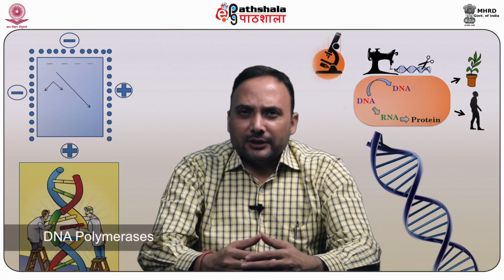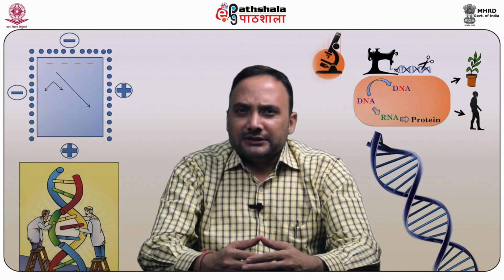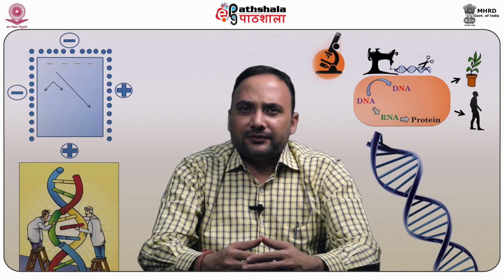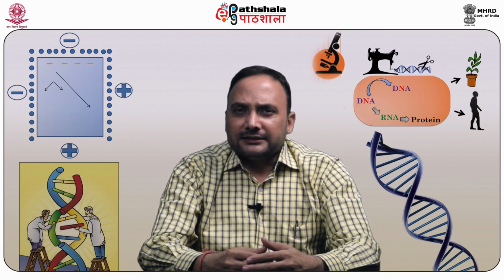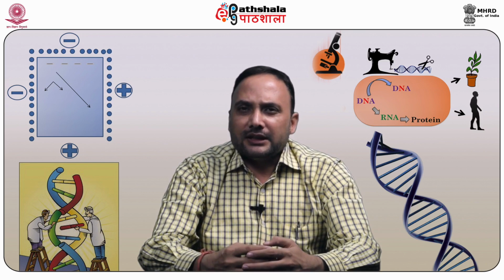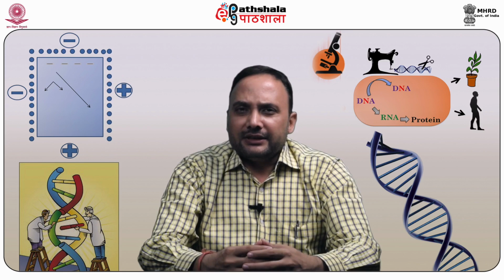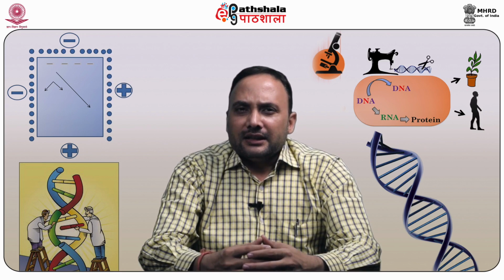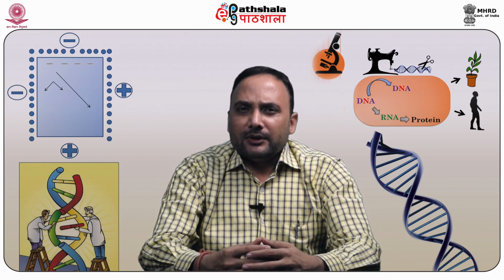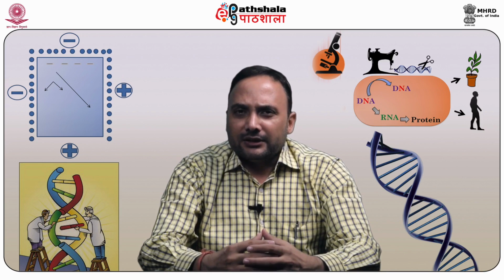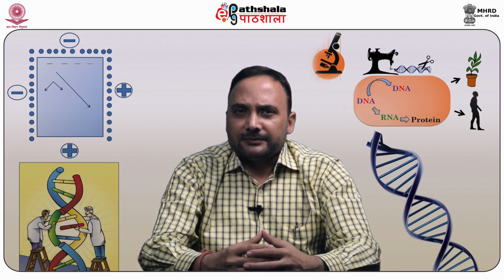Let's talk about DNA polymerases. DNA polymerases are enzymes that add nucleotides to a pre-existing strand of DNA or, rarely, to an RNA molecule. The examples of DNA polymerases that use DNA as a template, or in other words, whose activity is dependent on DNA, are DNA polymerase 1, DNA polymerase 2, DNA polymerase 3, DNA polymerase epsilon, and DNA polymerase delta.